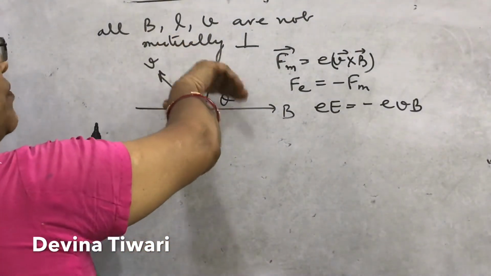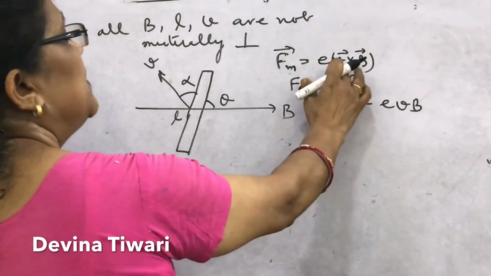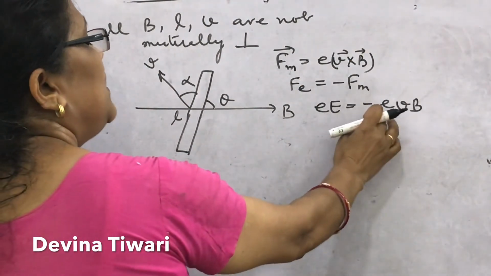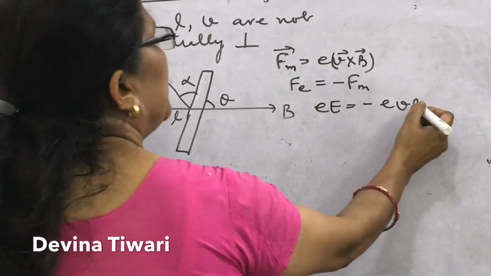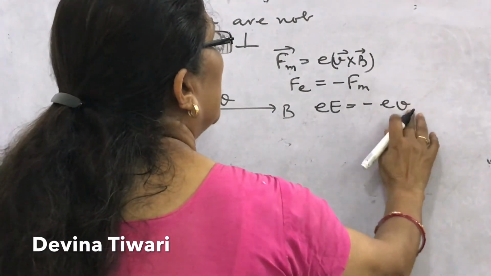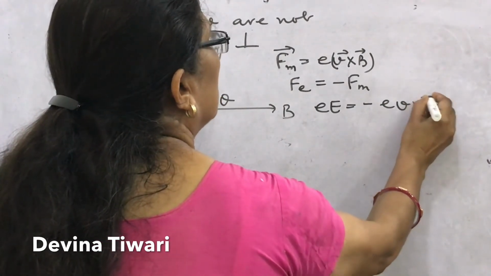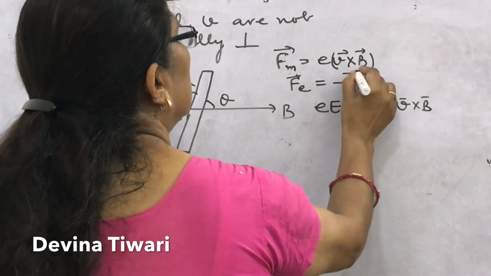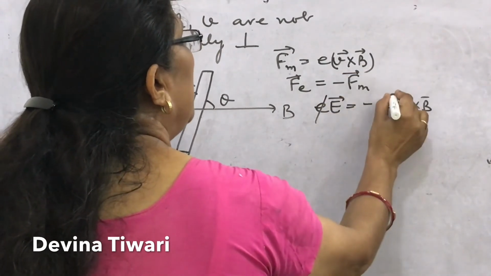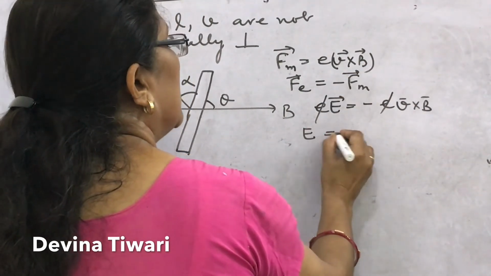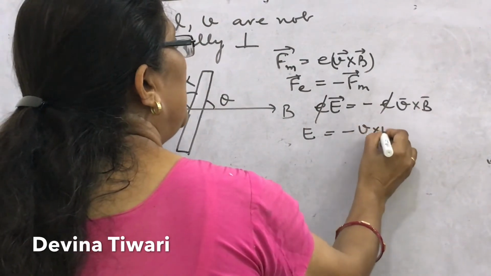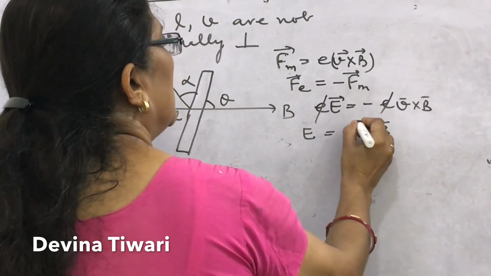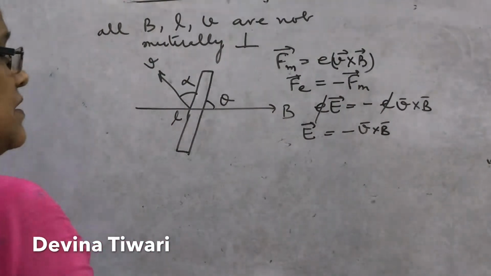From V to B you have used this one. So E equal to minus eVB, and V cross B I can write here because of the vector notation; these are vectors. So e will be cancelled, and we are getting minus V cross B. This is the electric field.